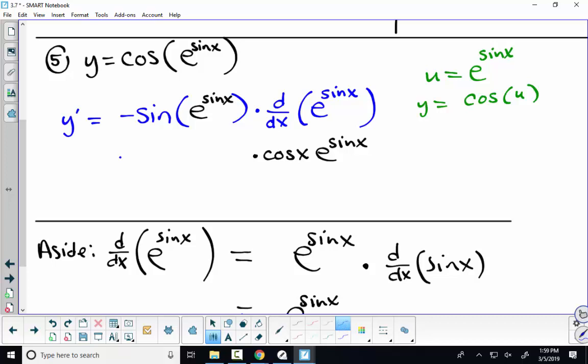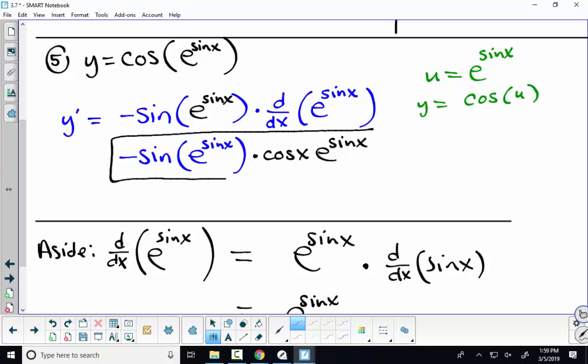Times the negative sine part. Okay, and that's our derivative. Does the order matter? The order doesn't matter. We just have to know that the negative sine of e to the sine x is one factor, cosine is another factor, and then e to the sine x is your third factor.